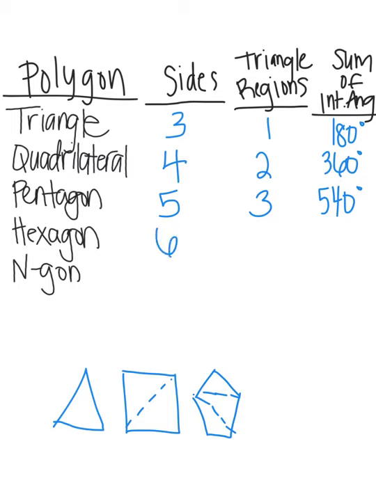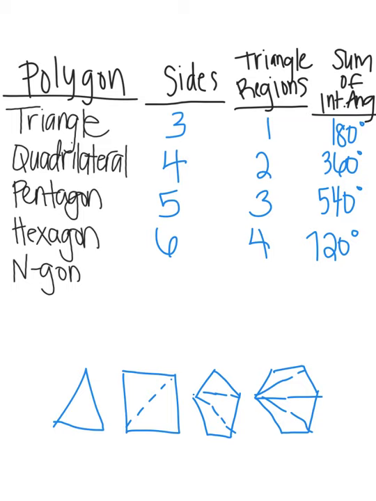A hexagon has 6 sides, and I could break a hexagon up into 4 different triangular regions, and 4 times 180 is 720 degrees. So as you can tell, there should be a pattern forming.